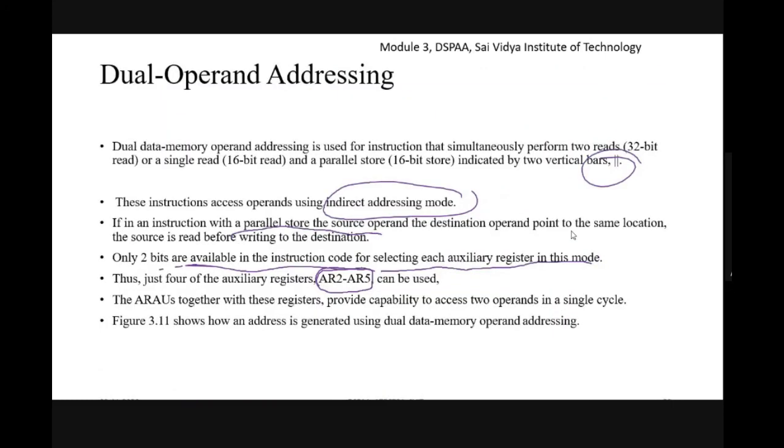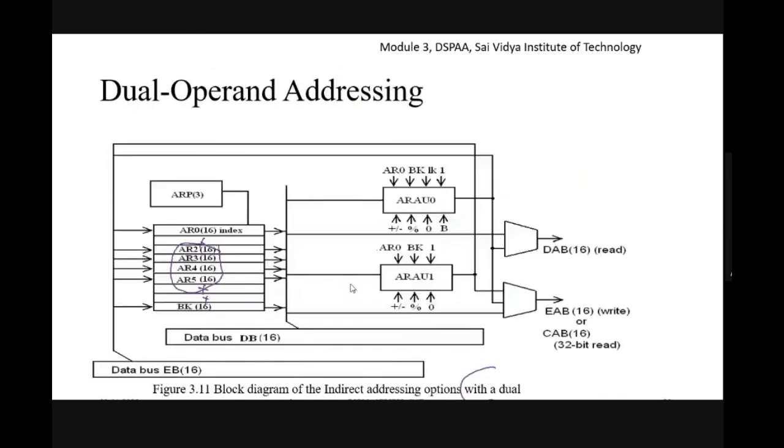Then we have a modified version of the indirect addressing mode, that is the dual operand addressing mode. In this, only the AR2 to AR5 auxiliary registers are used. The remaining AR1, AR6, AR7 are not involved in the calculation of the address. So this is the block diagram of indirect addressing operation with dual data memory operand. ARP, the auxiliary register pointer, is necessary, so that will always be there.